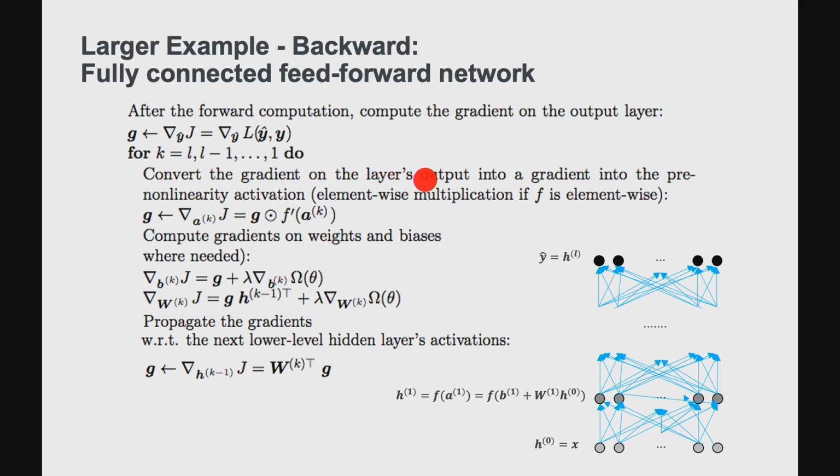So we convert the gradient on the layer's output. The layer's output for this one here is just this g. But for this layer, this is the gradient that was computed here. Every layer between layer L and layer 1 has such a previous gradient.